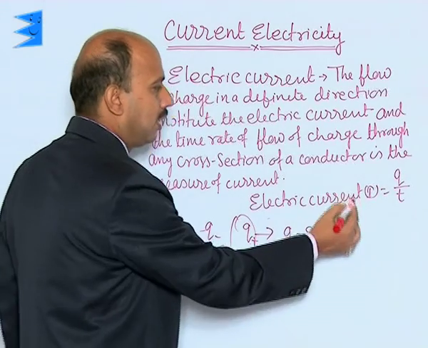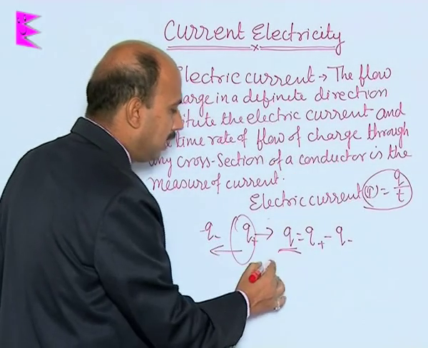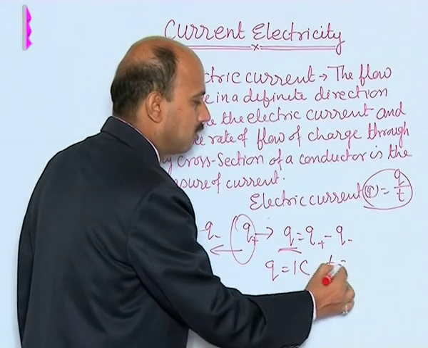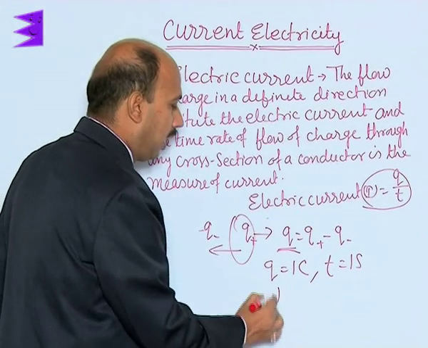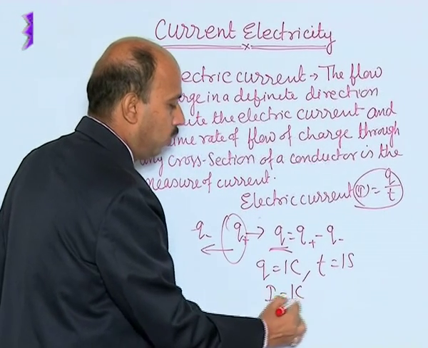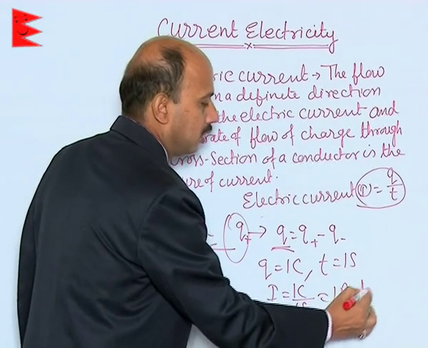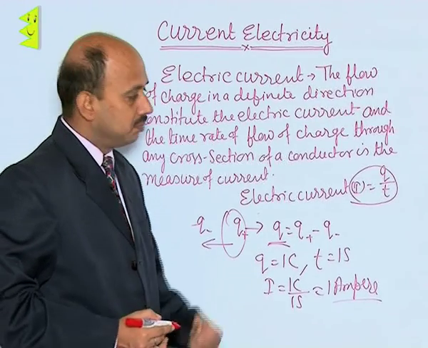So we can write I is equal to Q upon T, where we can take Q as 1 coulomb and time as 1 second. So I is equal to 1 coulomb upon 1 second, that is equal to 1 ampere. So ampere is the SI unit of electric current.